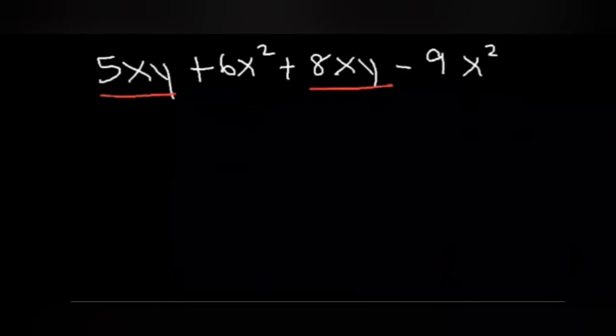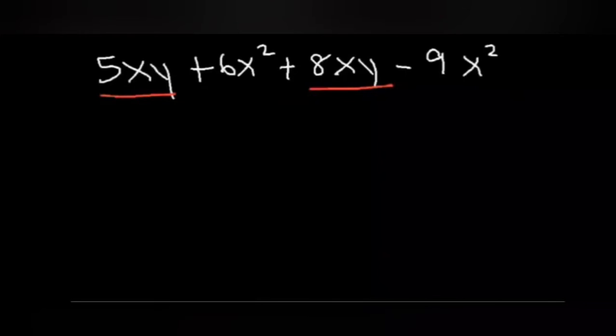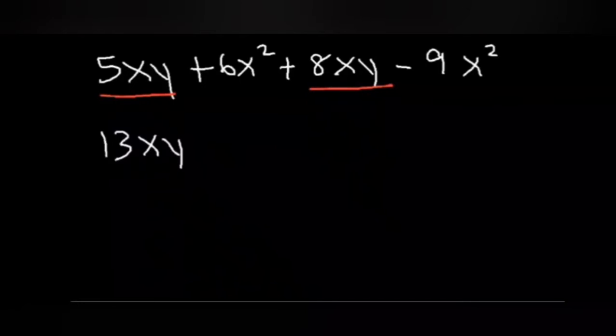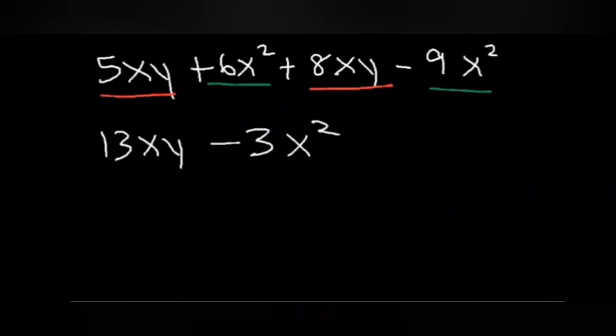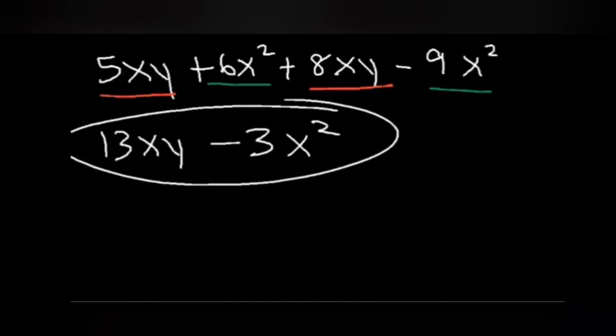So 5xy plus 8xy gives us 13xy. Also we have 6x squared and minus 9x squared as like terms. That gives us minus 3x squared as our final answer. The expression has been simplified.